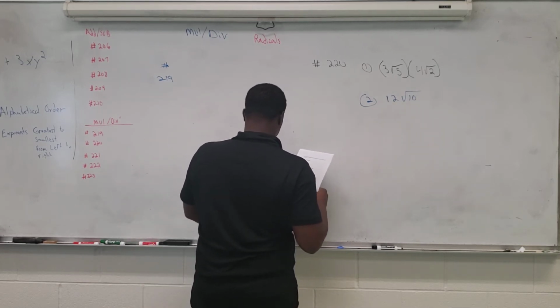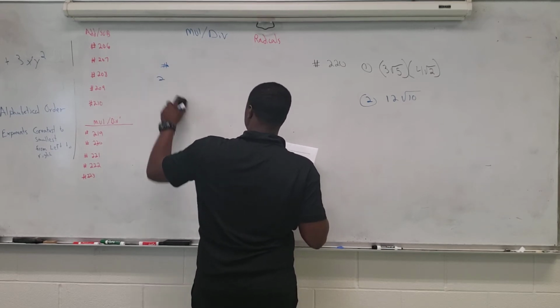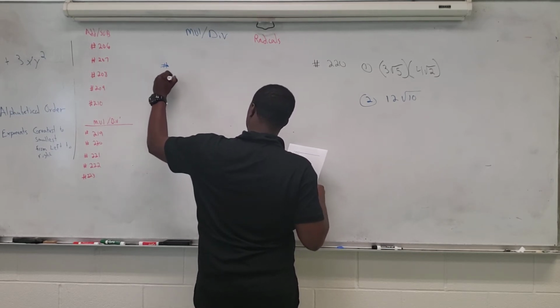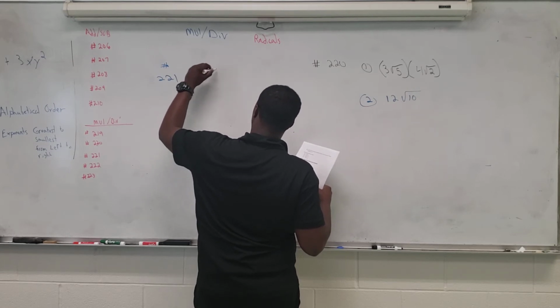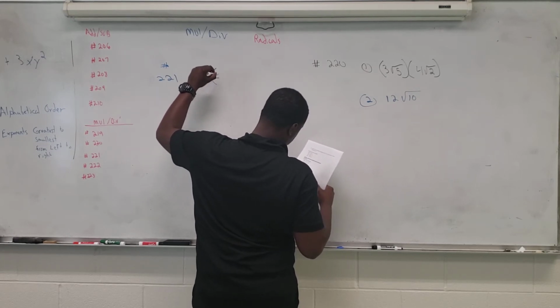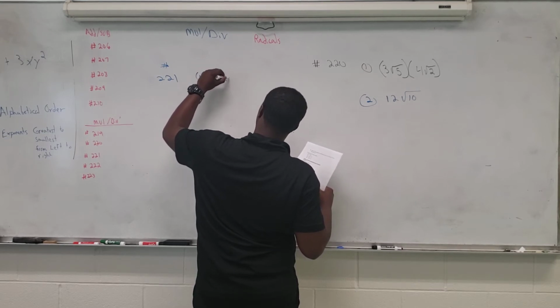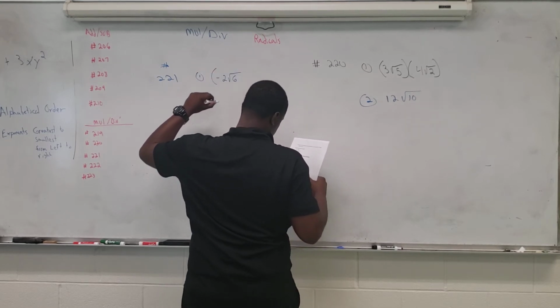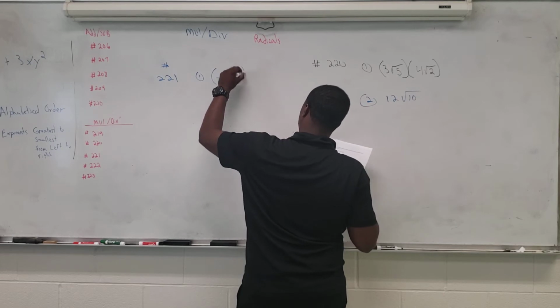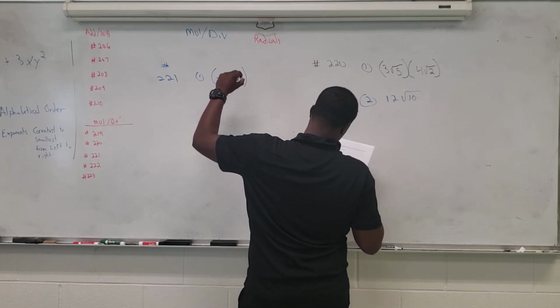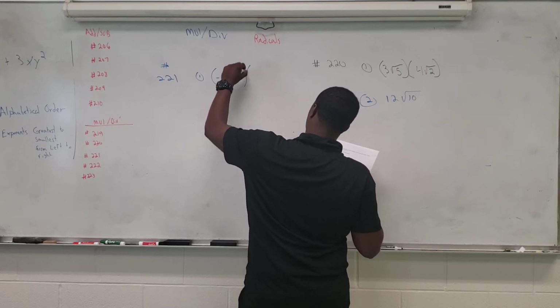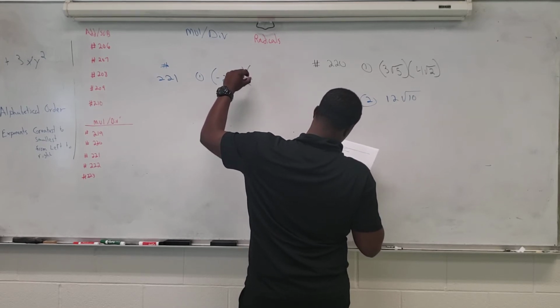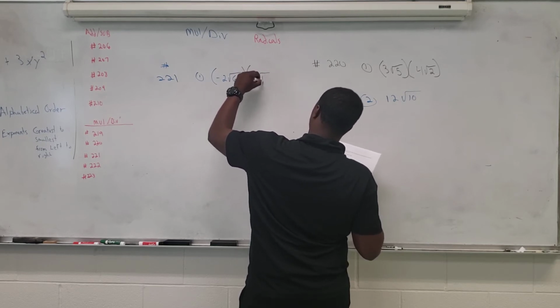221. Negative 2 square root of 6 times 4 square root of 12.